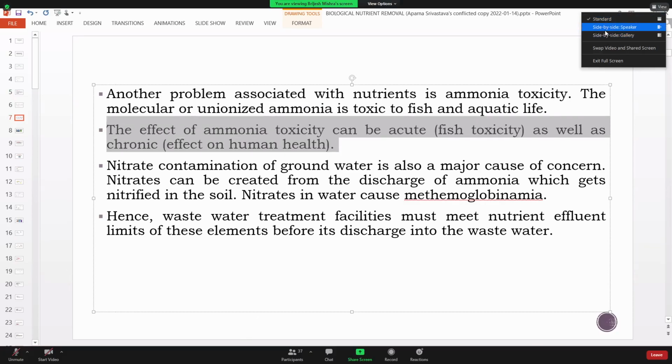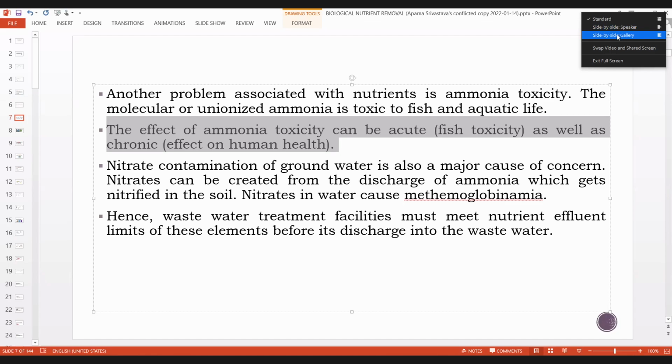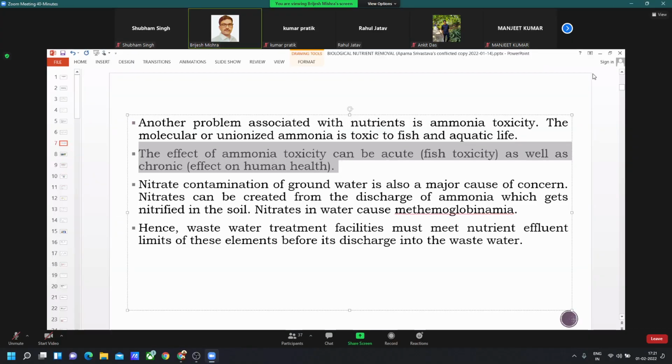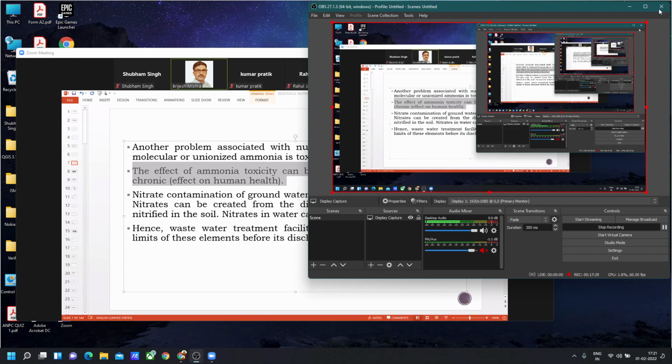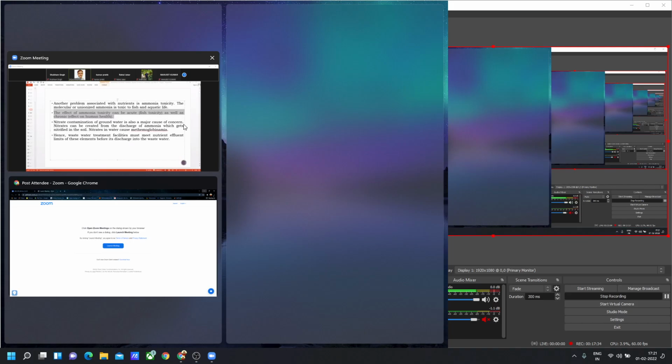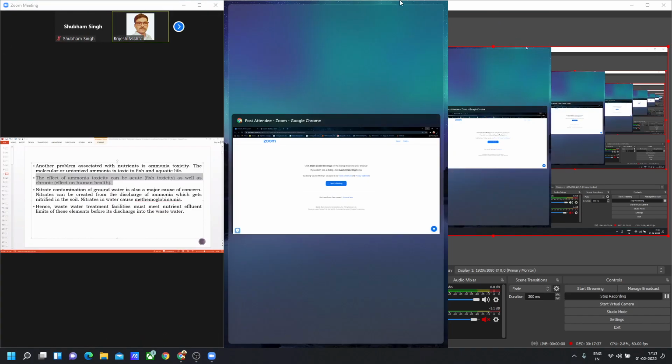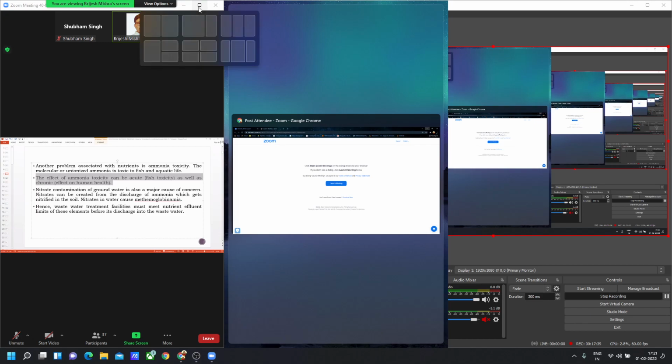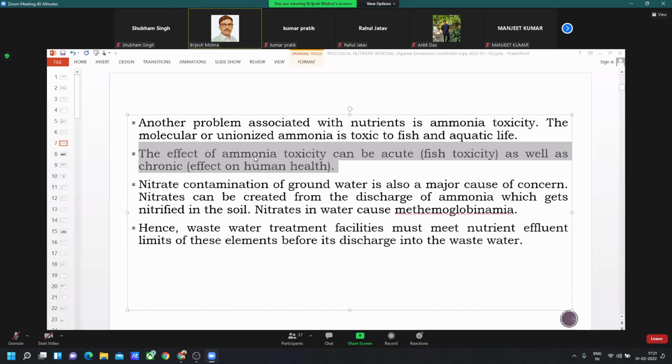Anybody have an idea of what the nitrate concentration is? 45 mg per liter. And in river water? Tell me.